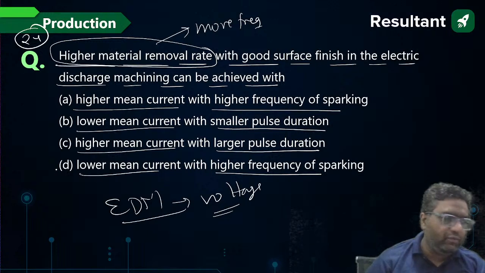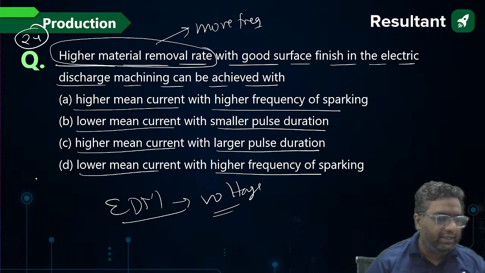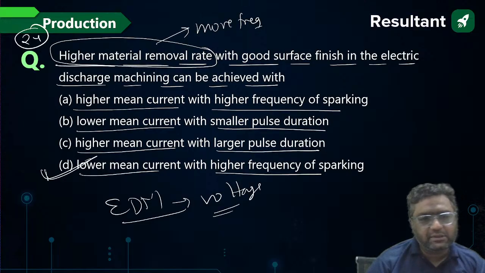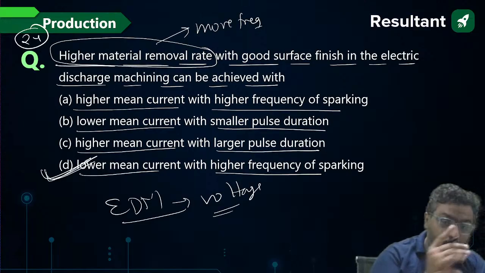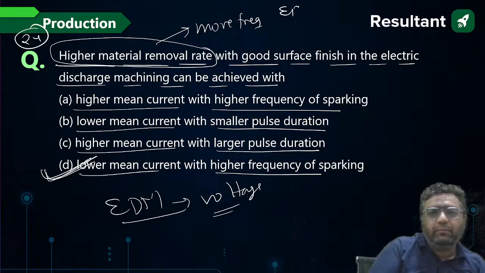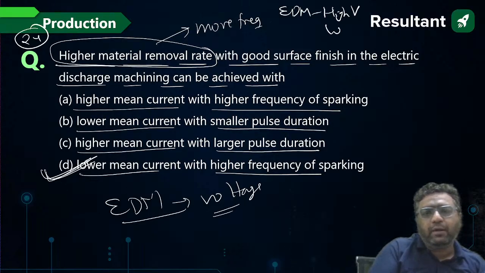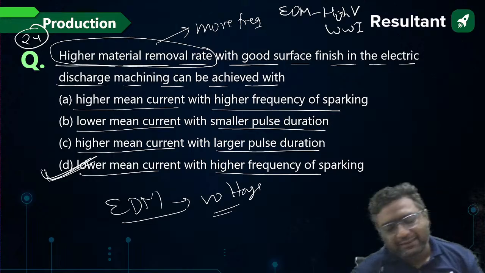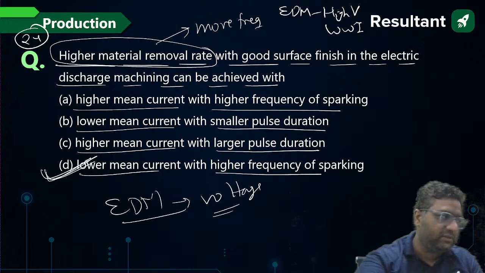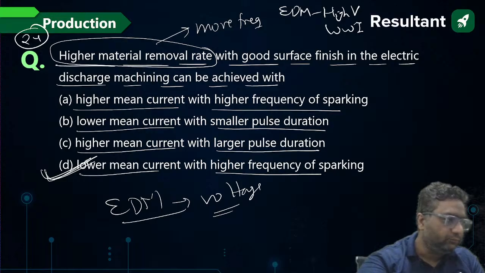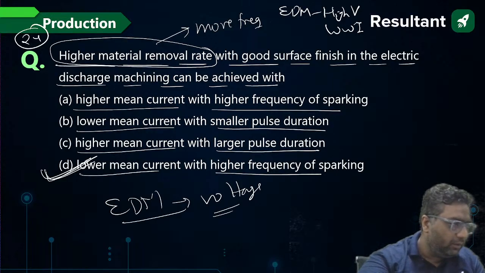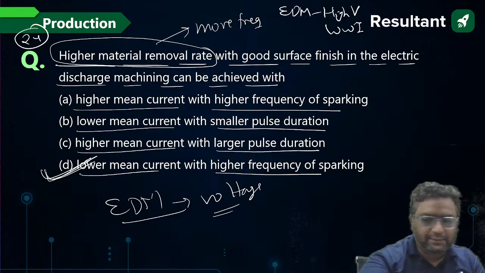So answer for this is going to be D only. EDM is high voltage, low current process, and ECM is low voltage, high current process.